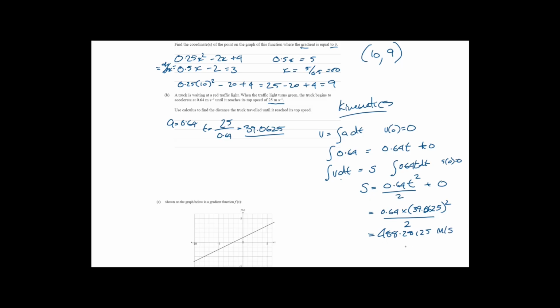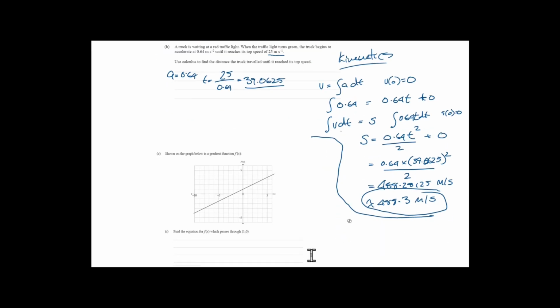So let's just call this 488.3 meters. I'll give you that 2 centimeter head start, and that's our final answer on that. So I'm going to circle that as our final answer.